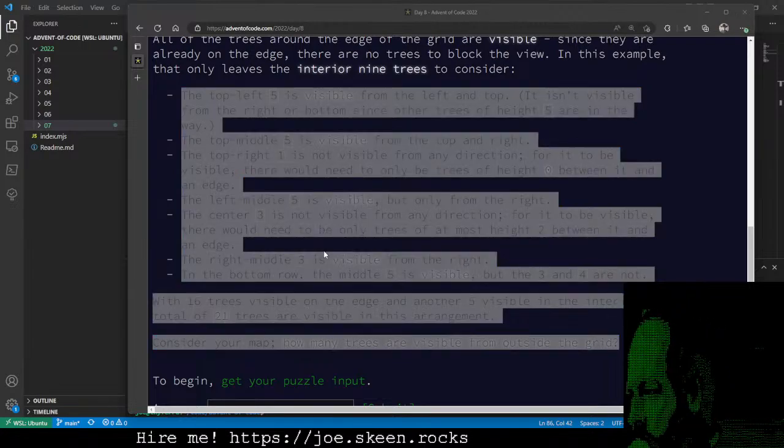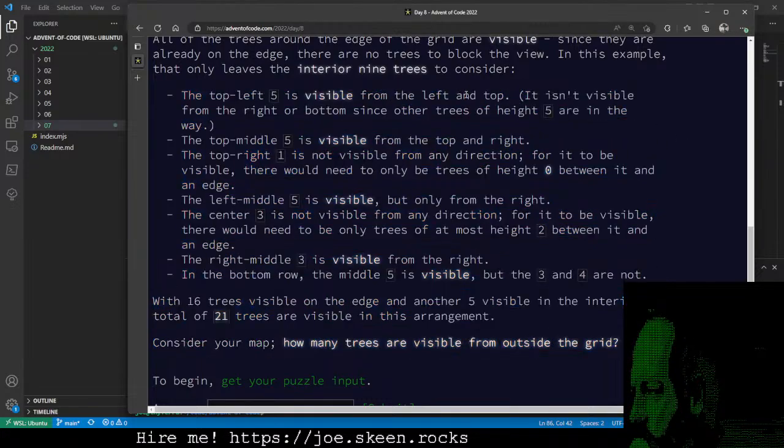The top left 5 is visible from the left and top. It isn't visible from the right or bottom since other trees of height 5 are in the way. The top middle 5 is visible from the top and right. The top right one is not visible from any direction. For it to be visible, there would need to only be trees of height 0 between it and an edge. The left middle 5 is visible, but only from the right. The center 3 is not visible from any direction.